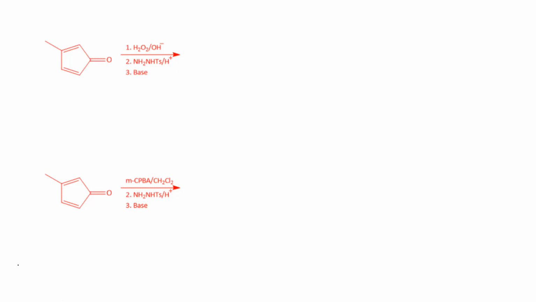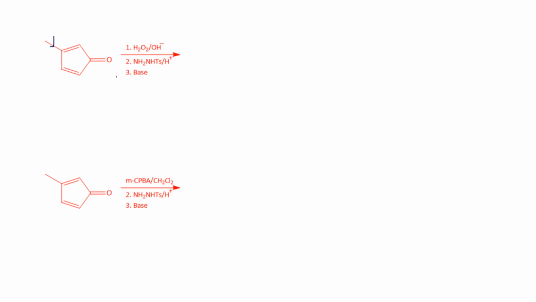So here you can see, we know H2O2 and NaOH, or H2O2 and OH minus, perform the epoxidation of an electron deficient double bond, and mCPBA performs epoxidation of an electron rich double bond. Now both of these double bonds are alpha beta unsaturated. Between these two double bonds, which one is more electron rich? Obviously this one, because of the plus I effect of this methyl group.